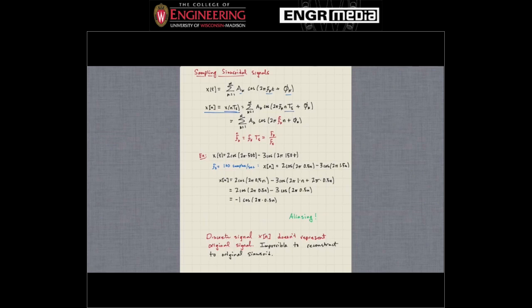The next thing I want to do is define what's called a discrete time frequency, denoted f hat. f hat is given by f times T_s, where f is the continuous time frequency and T_s is the sampling period. So we're just redefining something here, and this is the discrete time frequency.